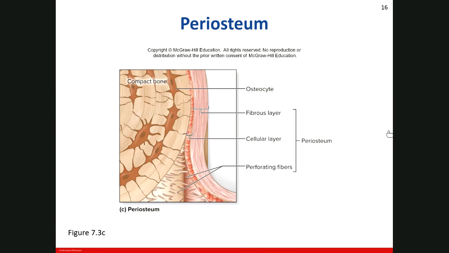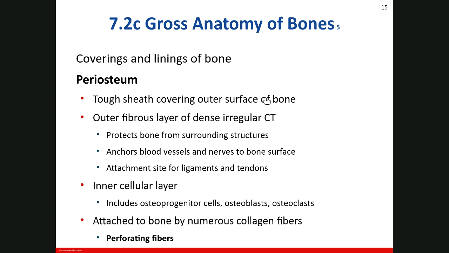So the periosteum, as you see here, is the tough sheet which covers the bone from outside. We have an outer fibrous layer of dense irregular connective tissue, and we have an inner cellular layer. The cells which you can see in the periosteum are osteoprogenitor cells.